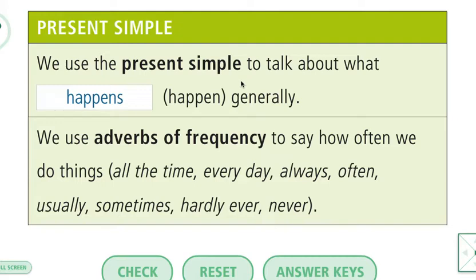So, simple present: routines or permanent things. Present continuous: the things that are happening in the moment, okay? And we use the adverbs of frequency. If you remember, those are the adverbs of frequency: every day, often, usually, never, always, etc. To say how often we do things. So let's go back.